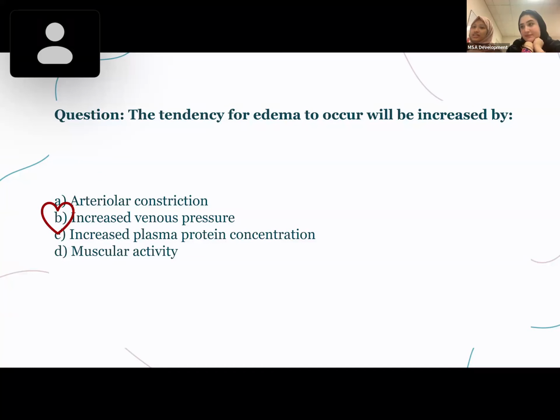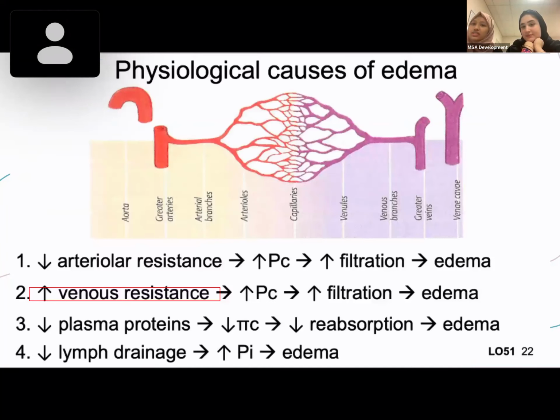For B, increased venous pressure: the other end of the capillaries is the venules or the veins. So imagine the veins are compressed, there's more pressure on the veins, which means there's increased resistance.